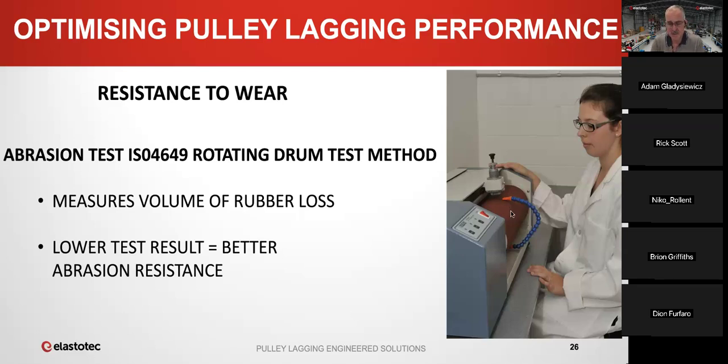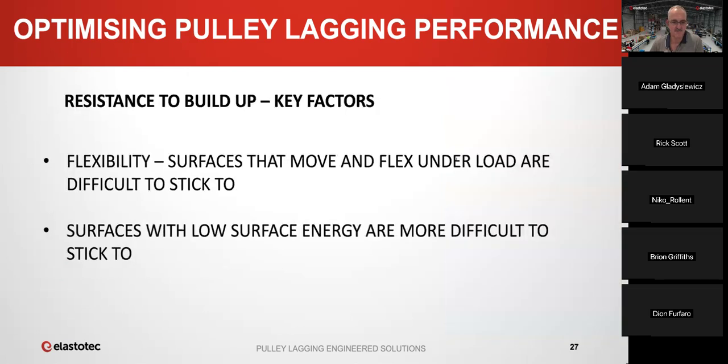There's a set number of rotations. At the end, the sample's taken out and weighed, and what you measure is the loss of material. So it's a bit unusual, because in this test, the smaller the result, the better the abrasion resistance. So a small number is good, big number is not good.